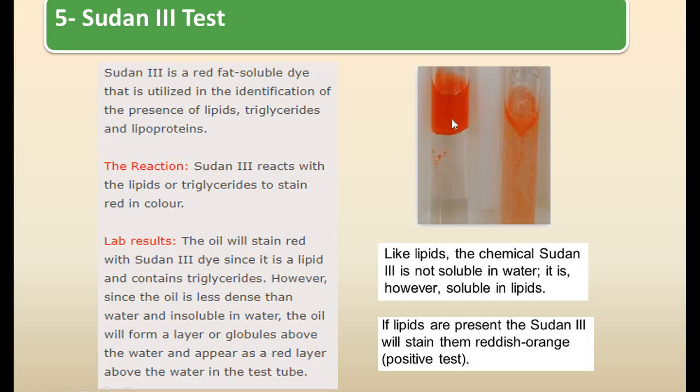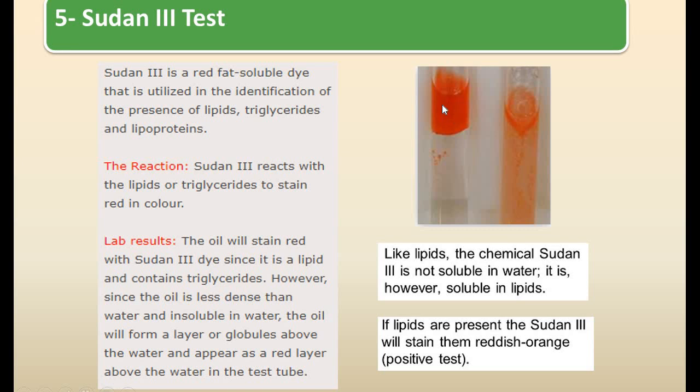So this lipid will form a separate layer with the water. This is the water layer and this is the lipid layer. So the lipid layer is present above the water. So this lipid is dyed or colored red with the Sudan III dye.